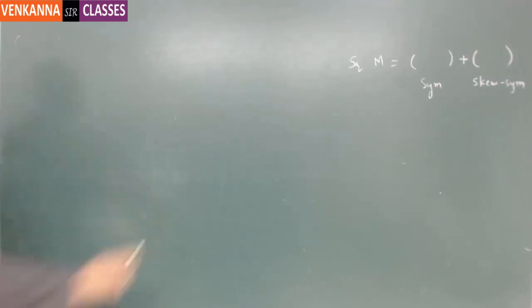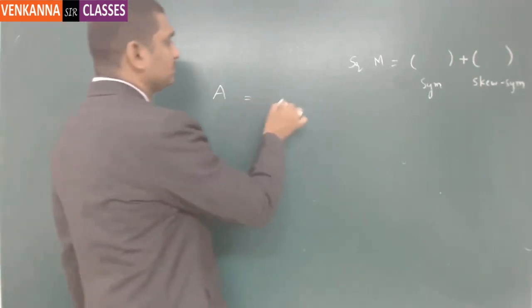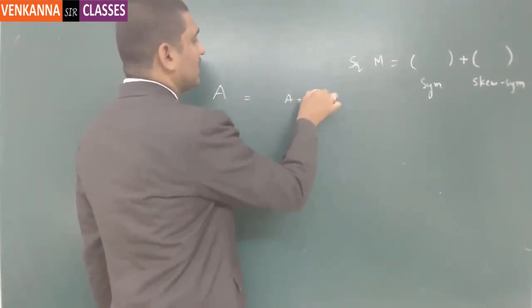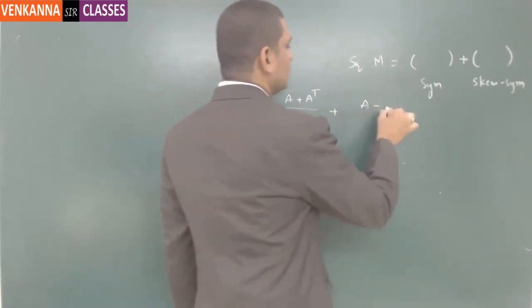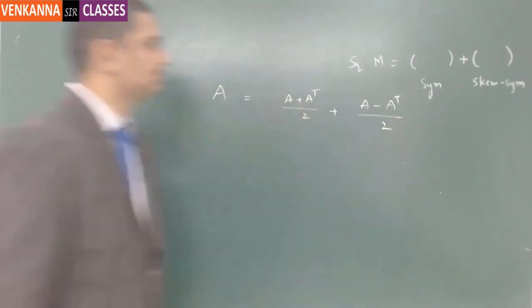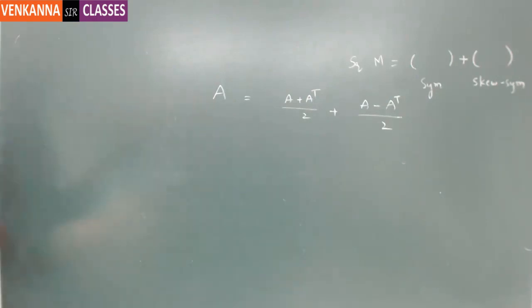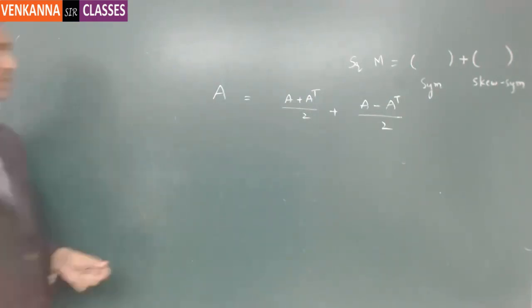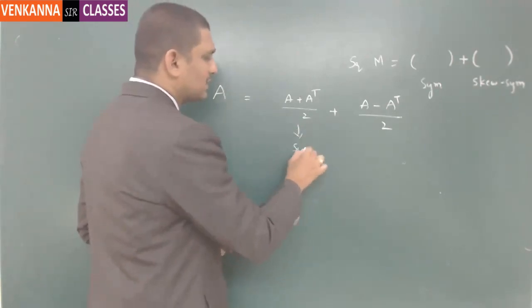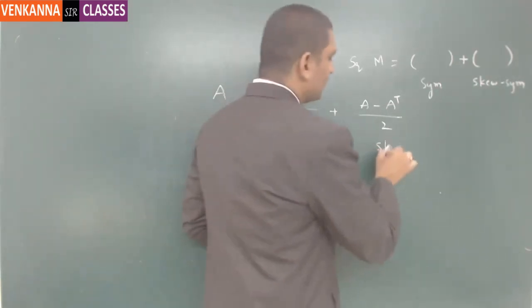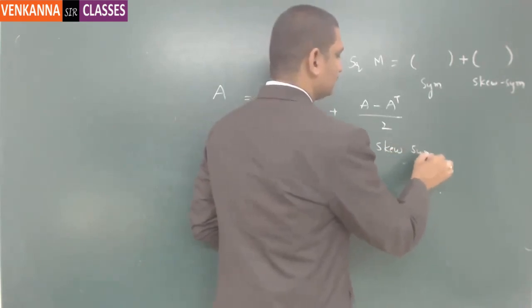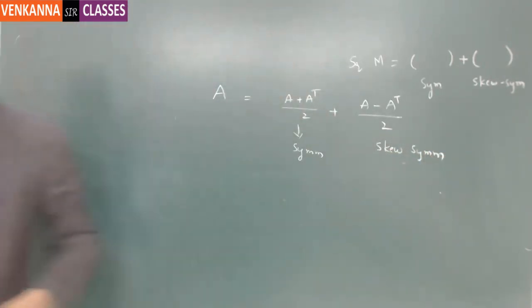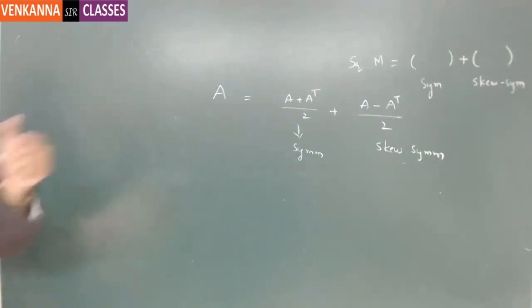If not, whenever you take a square matrix A, you are going to write it as A plus A transpose by 2 plus A minus A transpose by 2, the sum of the two matrices you consider. Now what happens? The first one is the symmetric matrix. The second one is the skew symmetric matrix. So in this way, whenever a square matrix is there, you are going to split it as the sum of two matrices. One is symmetric, the other one is skew symmetric. Okay?